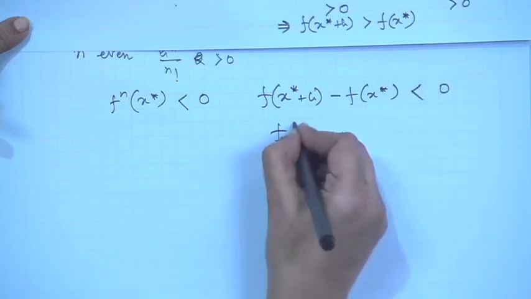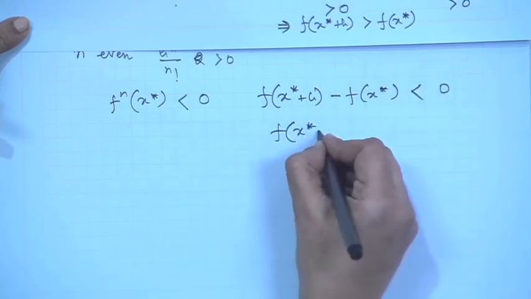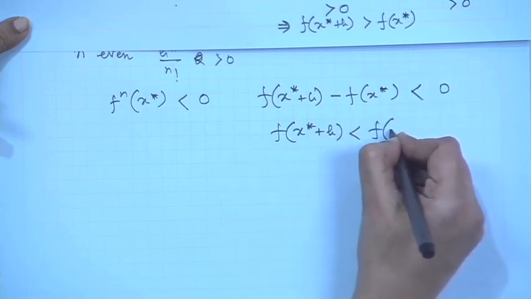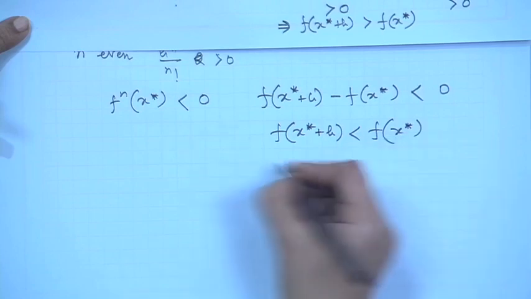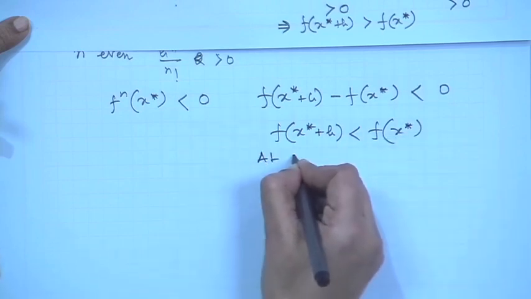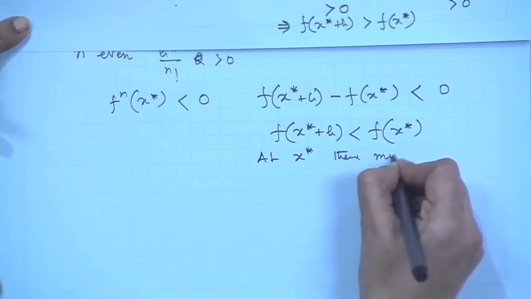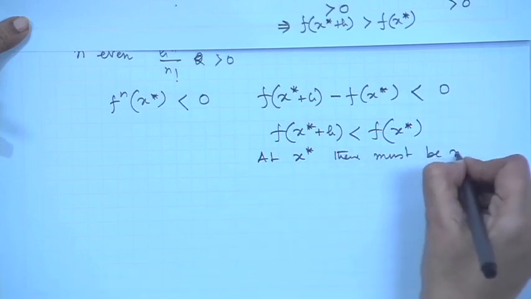What we are getting is that for any other value other than x star, we are having the lesser functional value. From there we can conclude that at x star there must be a maximum.